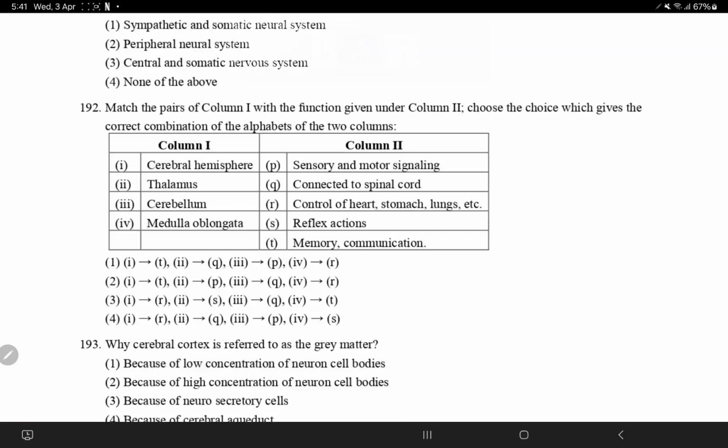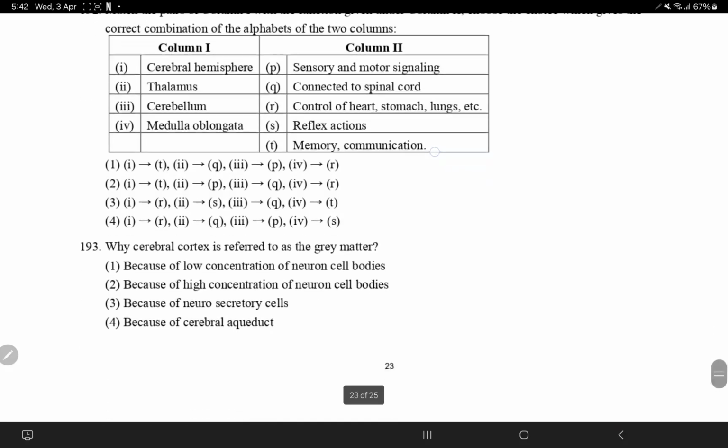Thalamus: sensory and motor signaling. And the cerebellum is connected to the spinal cord. So medulla oblongata is connected to the spinal cord. Cerebellum is connected to the spinal cord. Medulla oblongata is controlling heart, stomach, lung, etc.